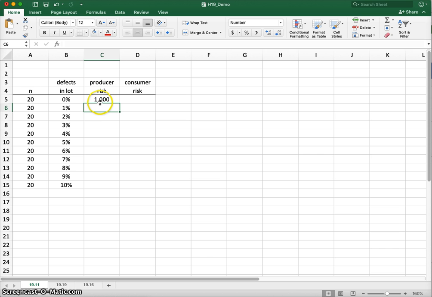So in that case, what's the probability that a lot will be rejected, even though it's a good lot? Well, it's 100%. Okay, and the consumer's risk would be zero. It would be equals one minus this. Now, I can just copy these down.